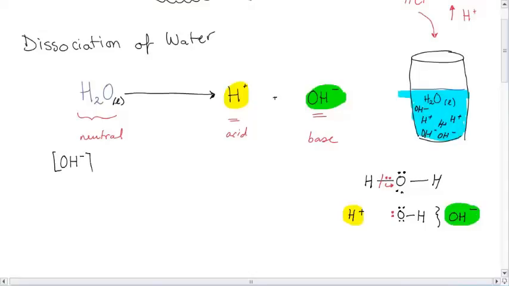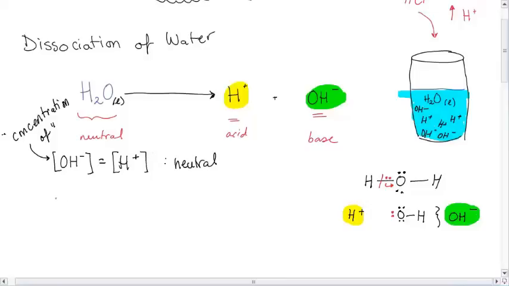So quick review. The square brackets I'm using mean concentration of, and that just means how much there is. So if the concentration of hydroxide is equal to the concentration of hydrogen, then we say the substance is neutral, right? It's neither an acid nor a base, because it has the same of both.